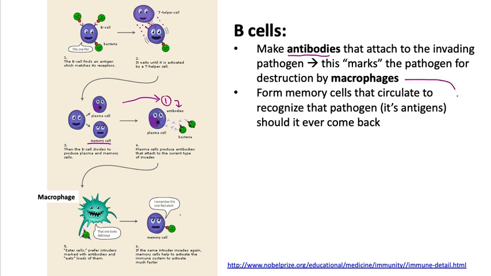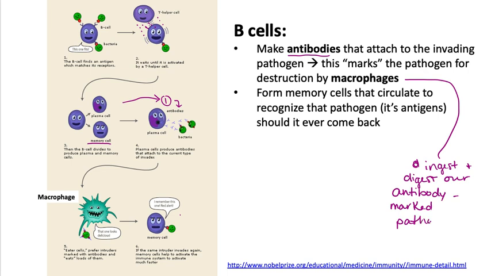Our macrophages will be the cells that ingest and digest through phagocytosis, engulf our antibody-marked pathogens. And then the B cells also will form those memory cells to recognize the pathogen again in the future.